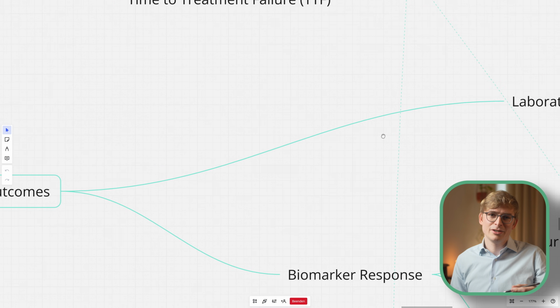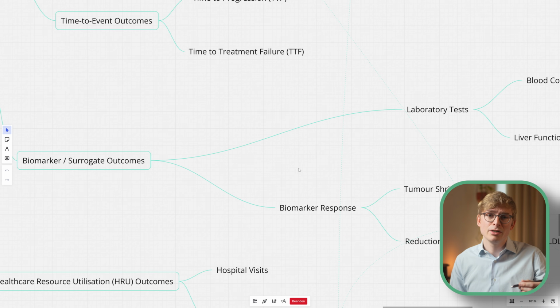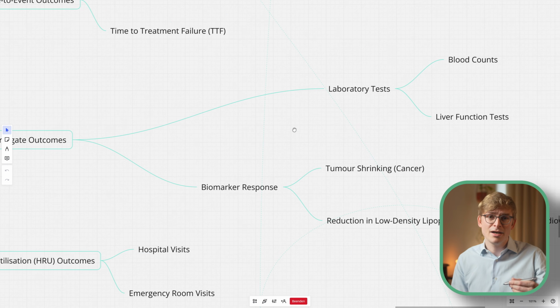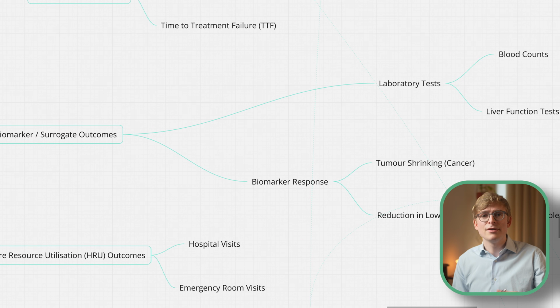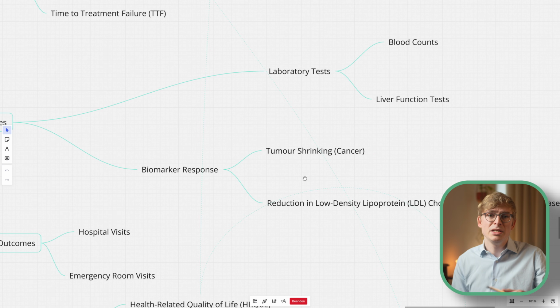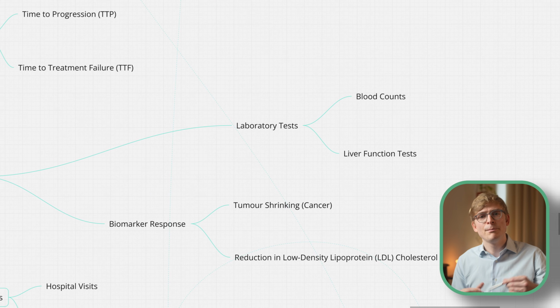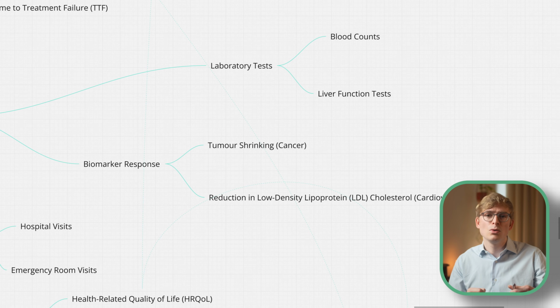In diabetes drug trials, for example, it would be very difficult and costly to directly measure if a patient develops cardiovascular disease as a result of their diabetes, as it usually takes patients a long time to develop such complications. That's why surrogate outcomes such as HbA1c are used in diabetes management to predict the potential long-term outcomes related to diabetes without having to wait until those events actually happen.